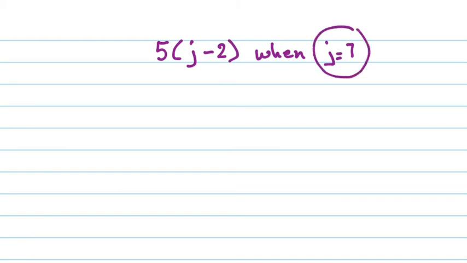So all I'm going to do is everywhere there's a j, I'm going to put in a 7. Now, but this time, I don't have to use brackets when I do that, because do you notice that the j is all by itself inside there? There's no coefficient, there's no sign, there's no exponent. That's the only time when you don't have to put in a bracket. Okay?